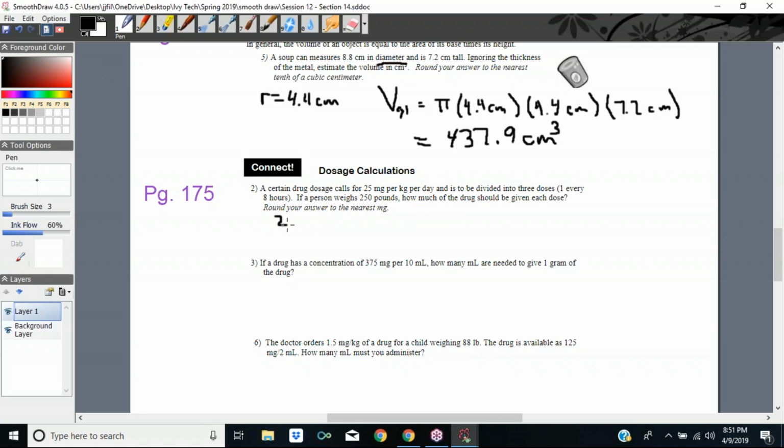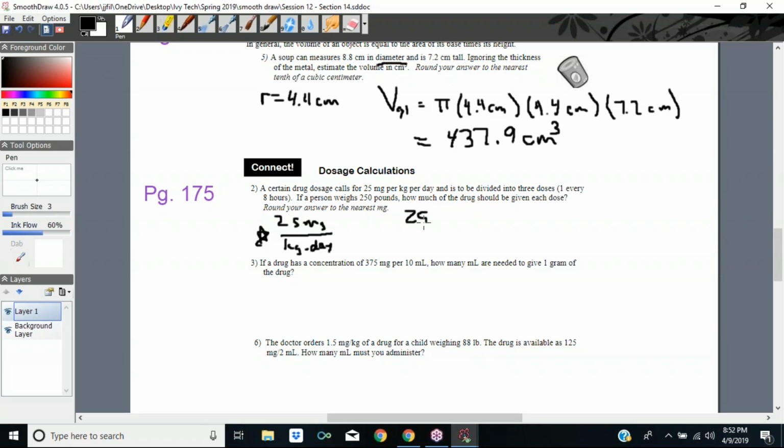That looks like this: 25 milligrams per kilogram per day. And it says it's going to be divided into 3 doses. If a person weighs 250 pounds, how much of the drug should be given in each dose? So here's how I would start this.